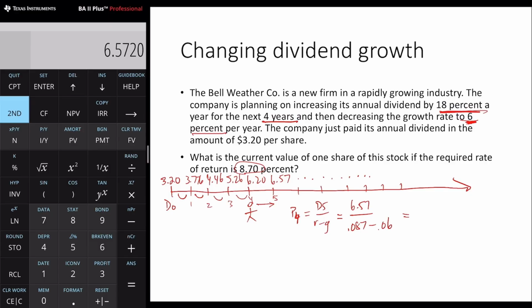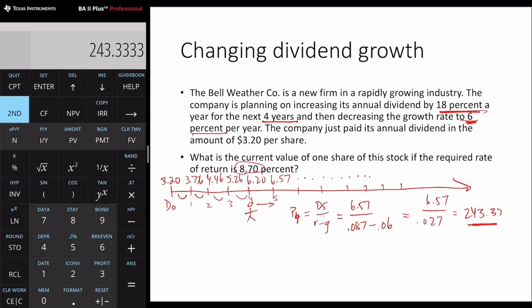So we can calculate what the price will be at time 4. That comes to $243.33. Now this doesn't help us quite yet, or we're not finished yet.